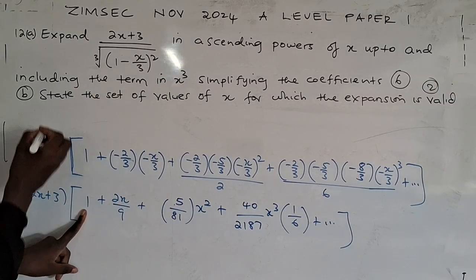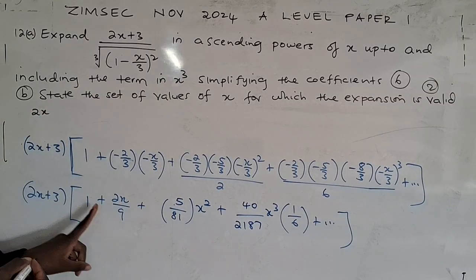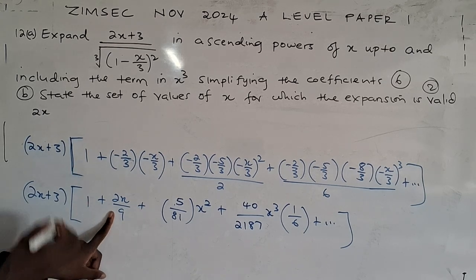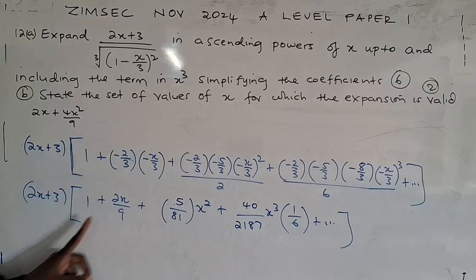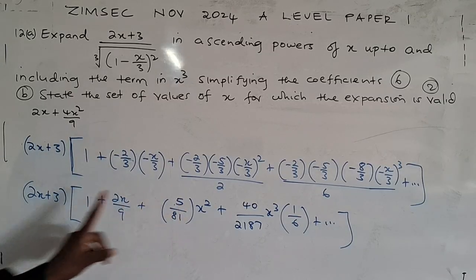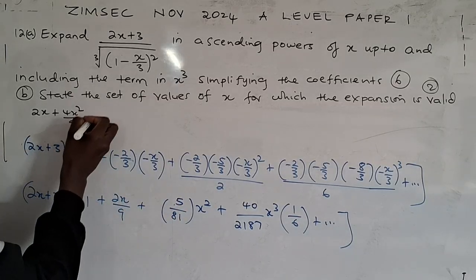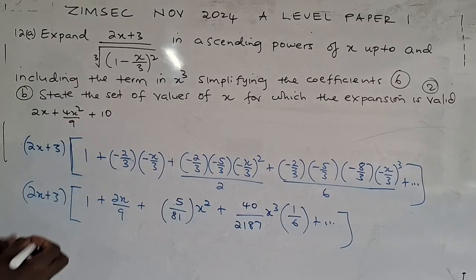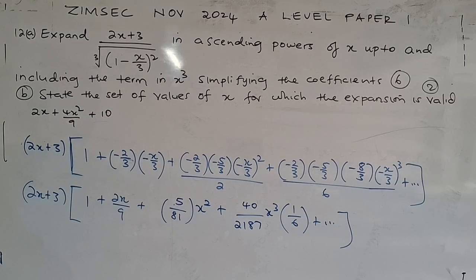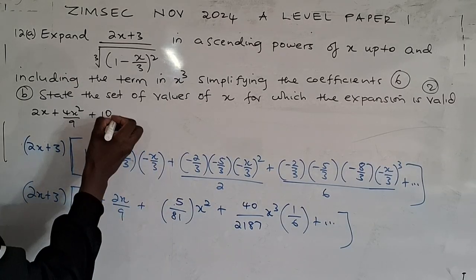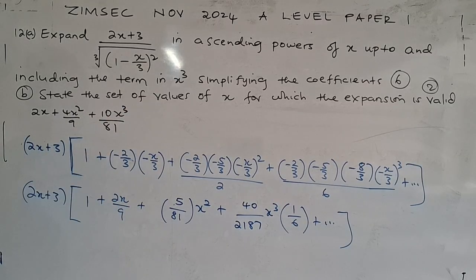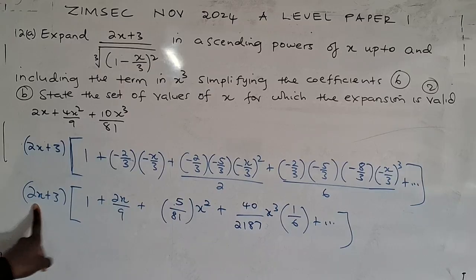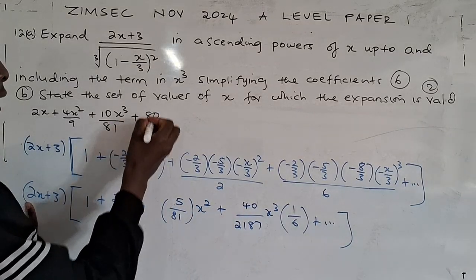So 2x times this one, this is nothing but 2x. 2x times this one, this is nothing but 4x squared by 9. 2x times this one, 2 times 5 is nothing but plus 10. Okay, so it's 10x cubed, 10x cubed divided by what? Divided by 81.